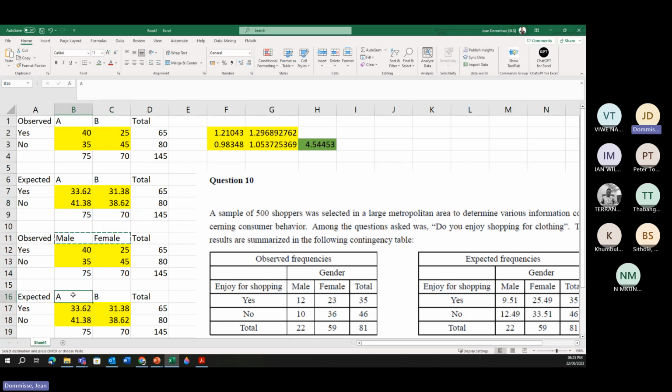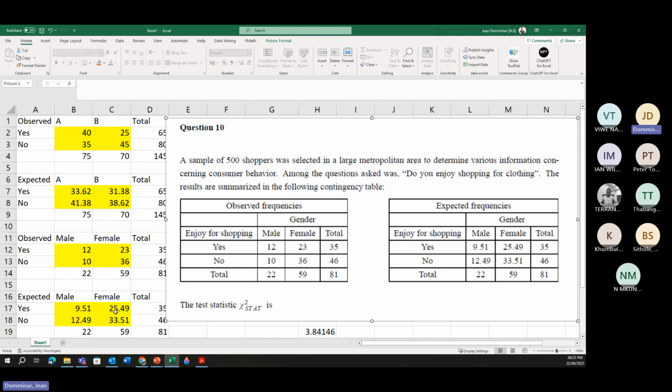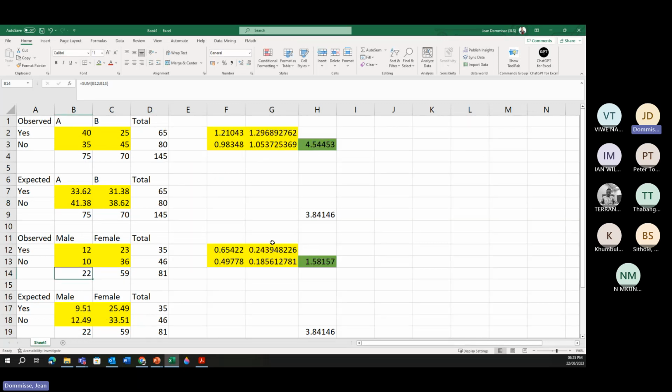So let's see if we change the numbers: 23, 10, 36. Okay, so that adds to 22, that adds to 59, that adds to 81, 35, 46. So at least we know that is correct. There we have a 9.51, 24, 12, and 33. Okay, so that is all correct.